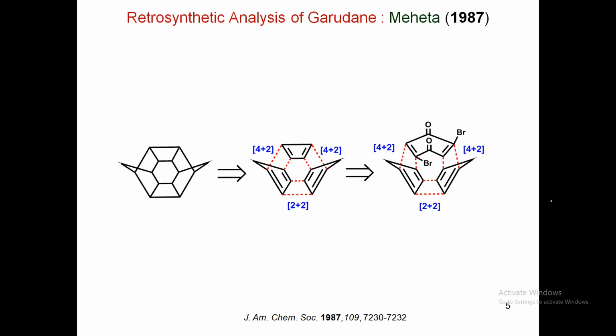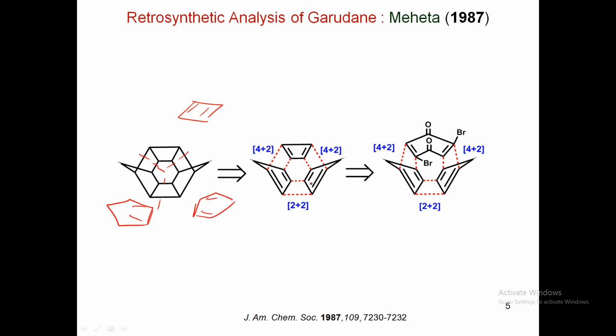And here you can see we have disconnected this and this part. If we do that, here we will be generating one cyclobutene and here two cyclopentadienes.